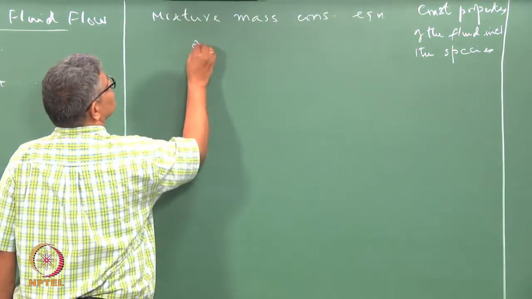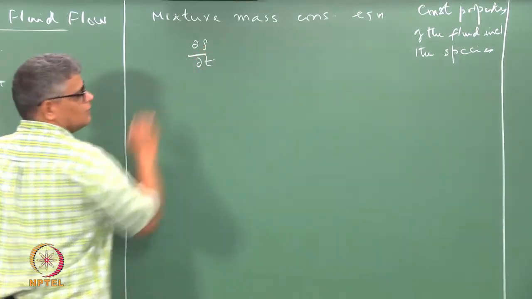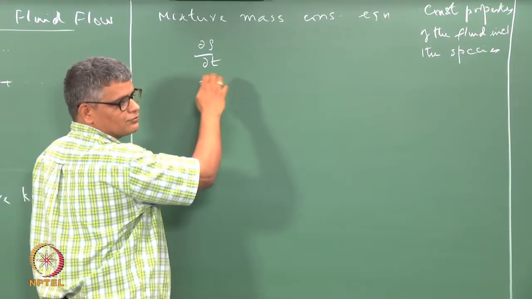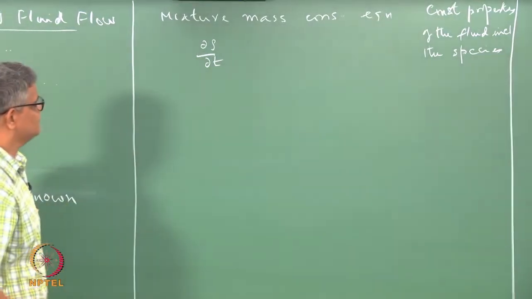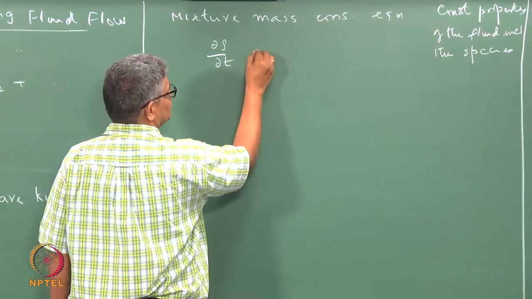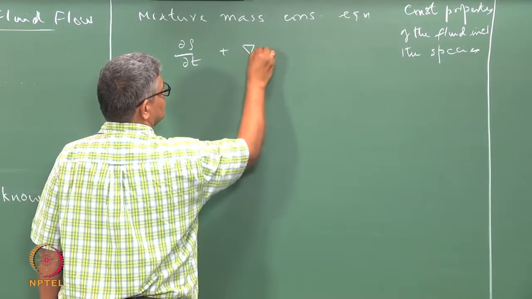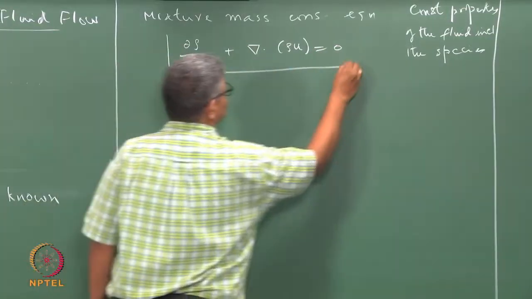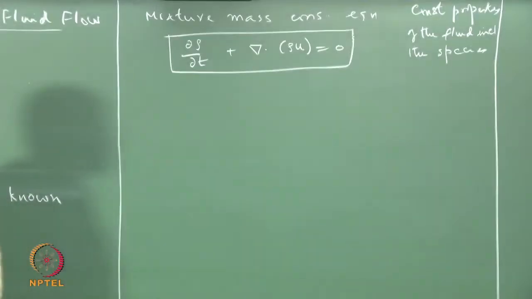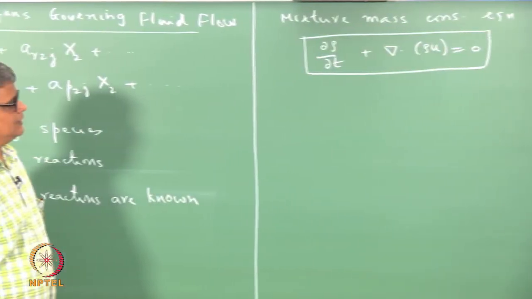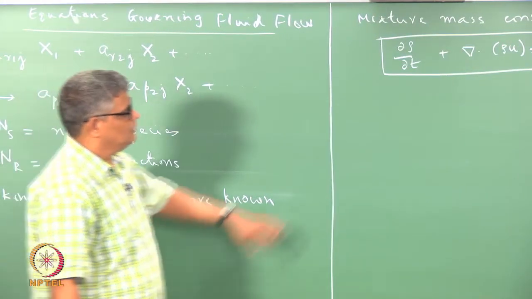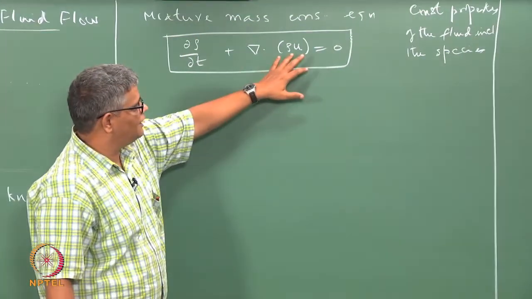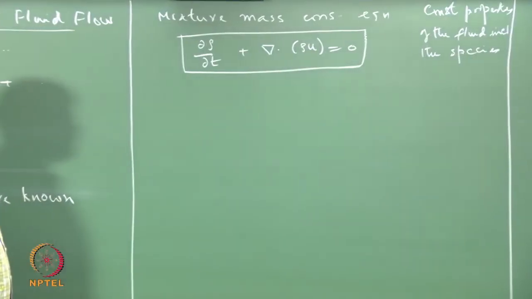And here, if rho is the density of the mixture, which is expressible as the sum of the densities of the individual species, we can write down the mixture equation in this particular form, where rho is the mass density of the mixture, and u is the mass velocity of the mixture.